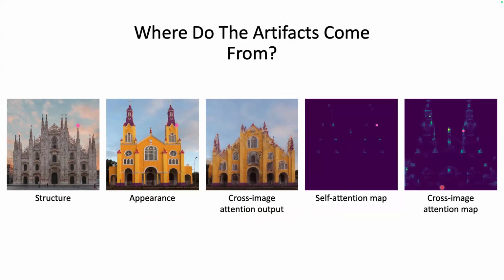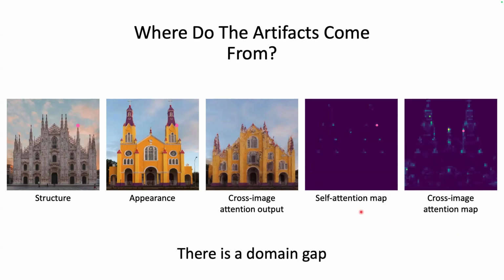And as you can see, although these attention maps are supposed to represent similar things, they look quite different. In some sense, the cross-image attention map looks much noisier compared to the self-attention map.